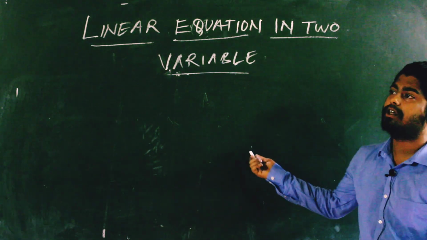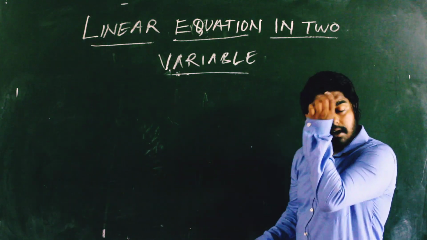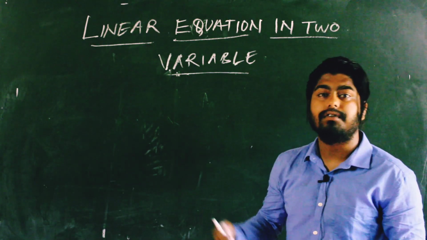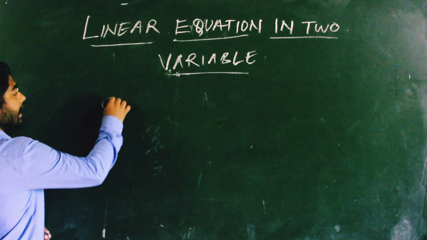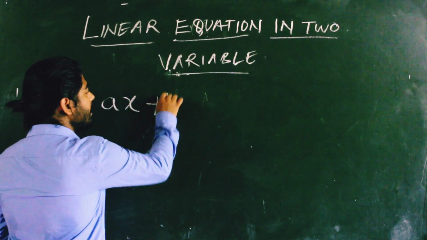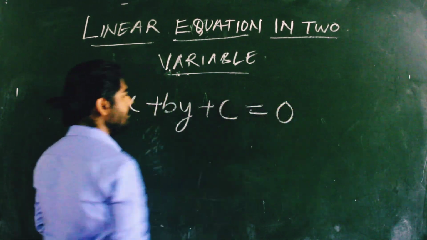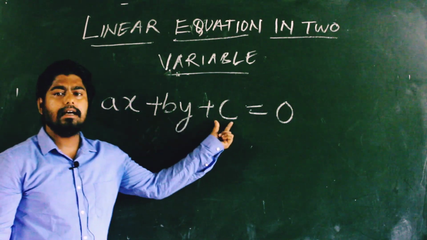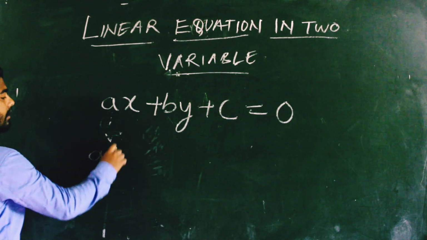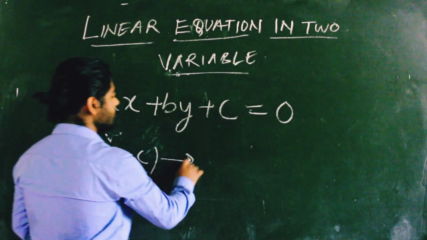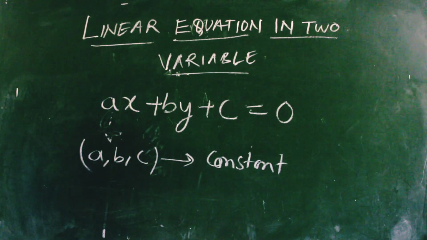All equations in mathematics have a standard form, and you have to compare the equation you write with the standard form. For a linear equation in two variables, the standard equation is ax + by + c = 0. Here a, b and c are the constants, and x and y are the variables.